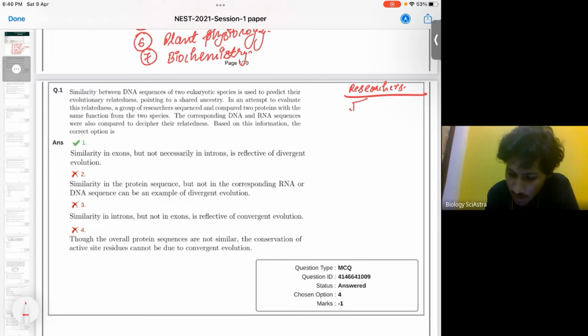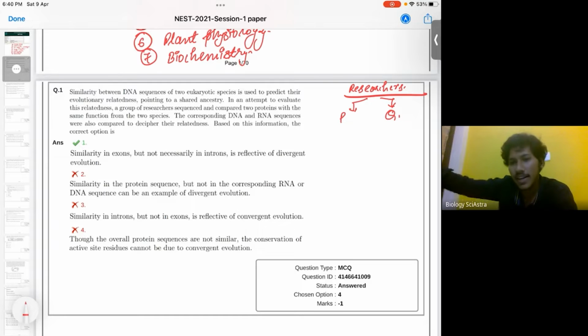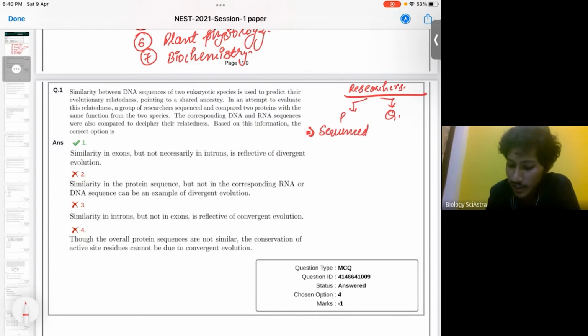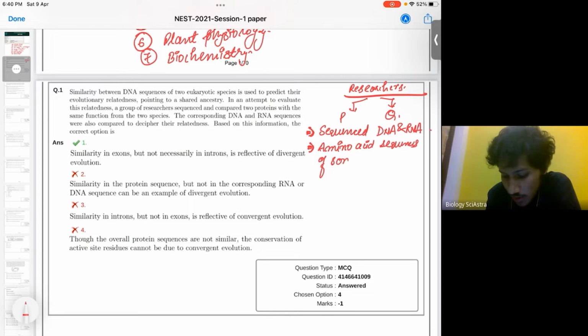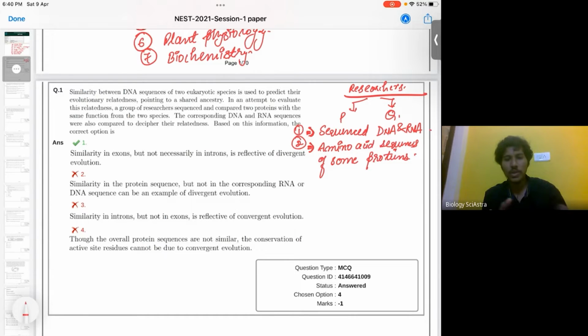Let us say we have species P and species Q, and we want to study whether P and Q species have common ancestry or not. That means whether their parents were the same at some point in time or different, this had to be studied. And in order to do that, what they did was sequence the genetic content, that is DNA and RNA, and also sequence amino acid sequences of some of the proteins. And on the basis of both, they are trying to find common ancestry between these species, P and Q.